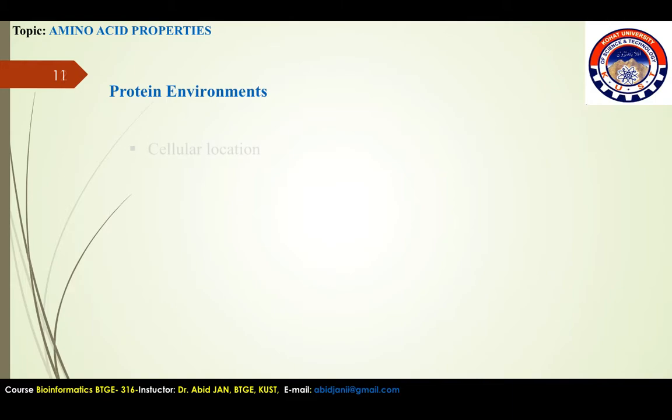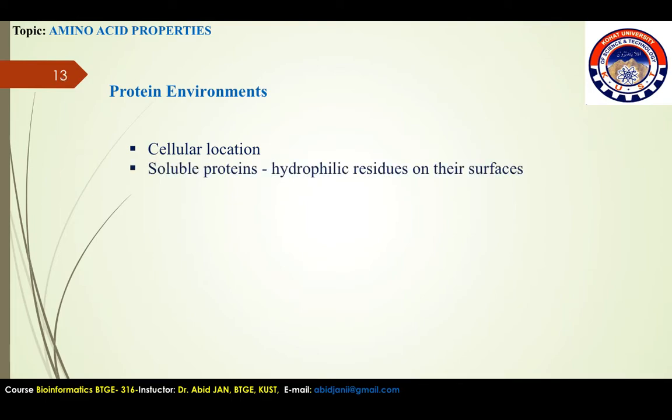Protein environments. A feature of key importance is cellular location. Different parts of cells can have very different chemical environments, with the consequence that many amino acids behave differently. The biggest difference is between soluble proteins and membrane proteins.